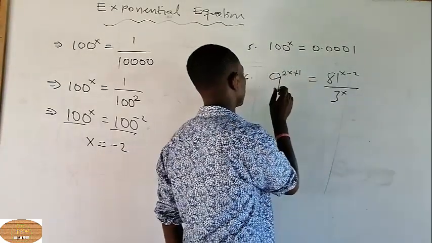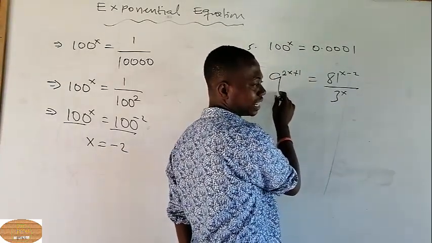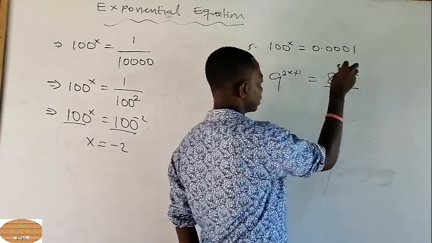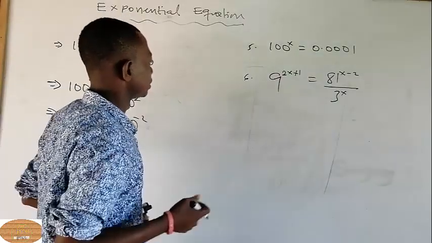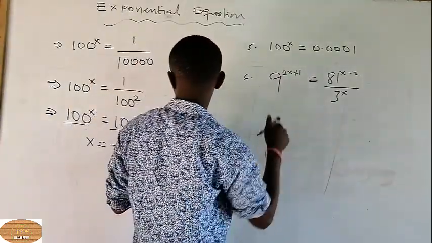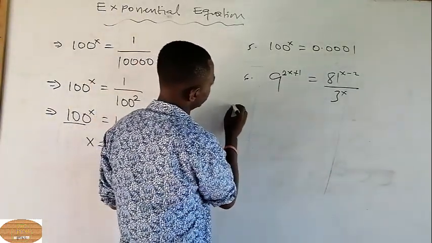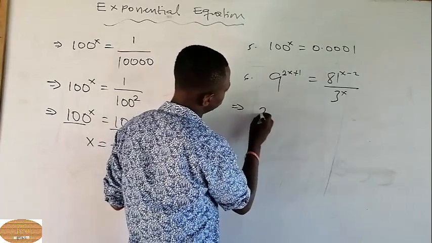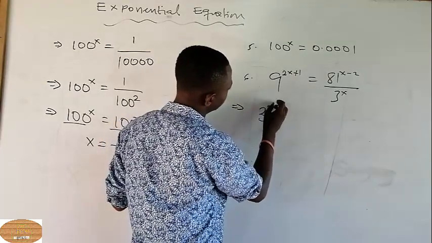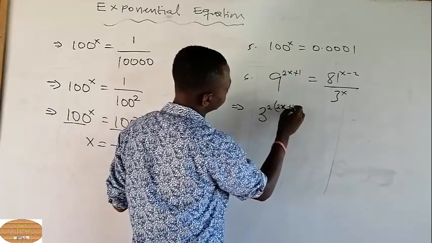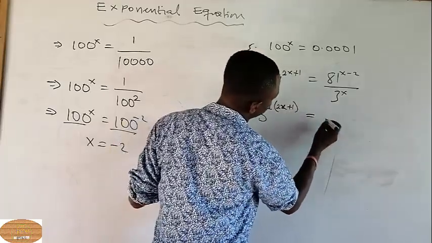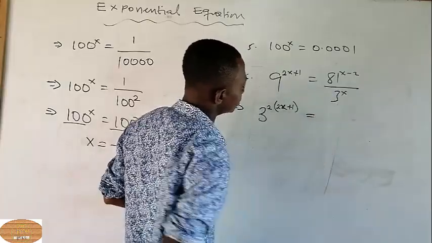So let's change this one to 3 to the power a number that will give us 9. Then the same for 81. Now we know that 3 to the power 2 will give you 9. So I'll add 2x plus 1 equals.